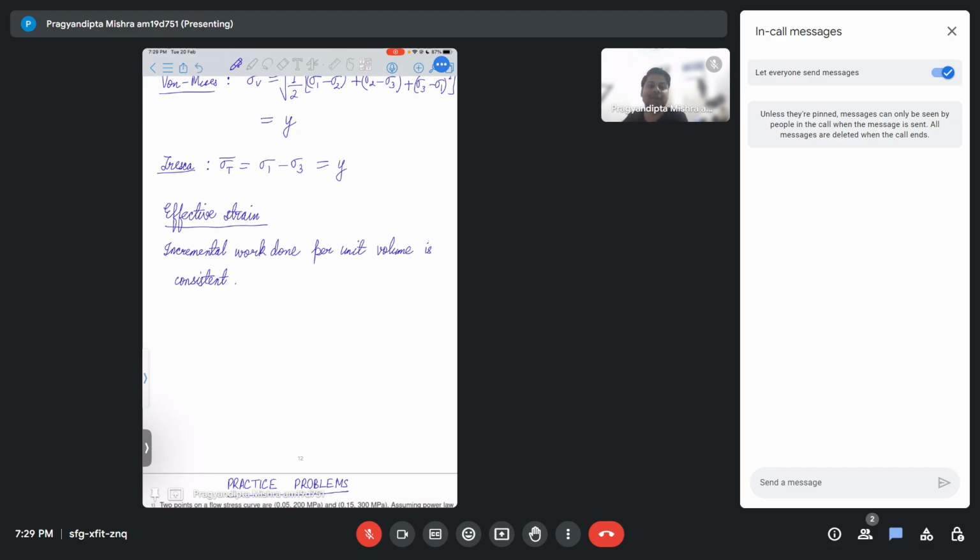Work done is equal to stress times strain, so the incremental work done due to this stress and strain is consistent per unit volume.